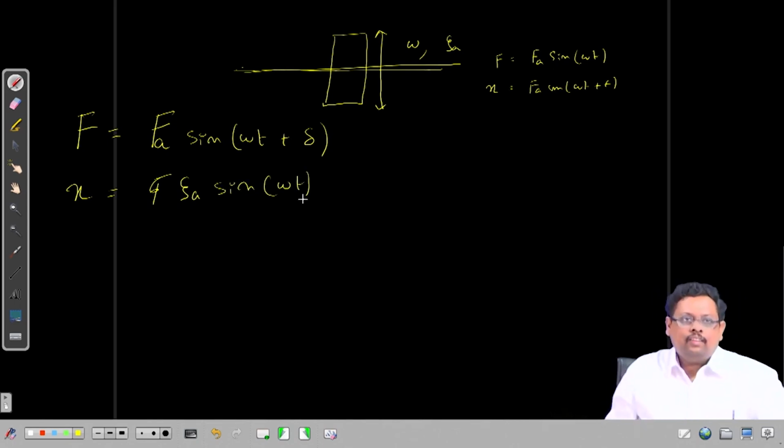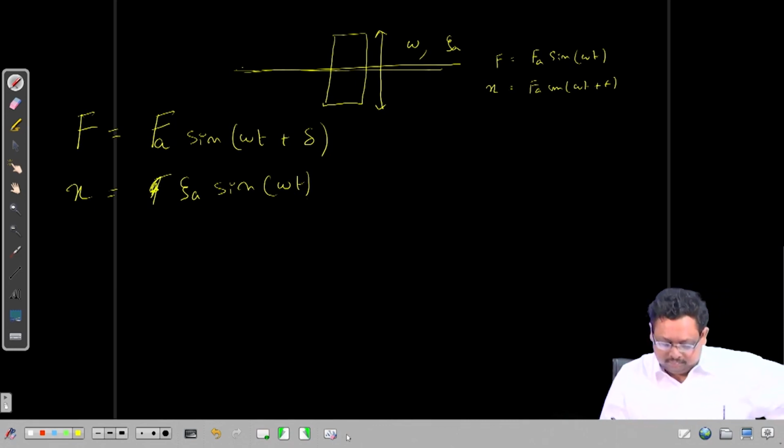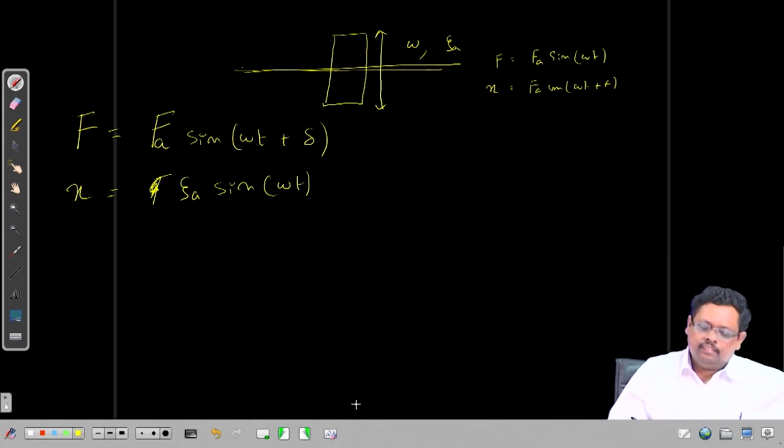Okay. Now, what I am going to do is substitute this into the equation of motion. When I do that, let us see what I am going to get.